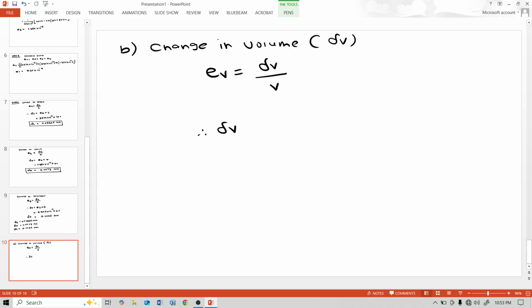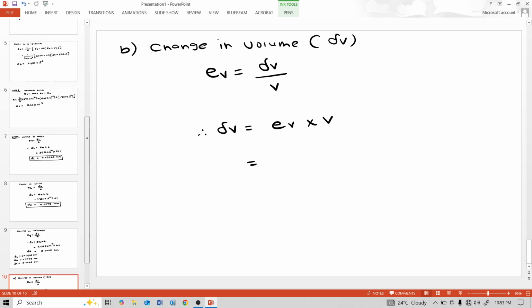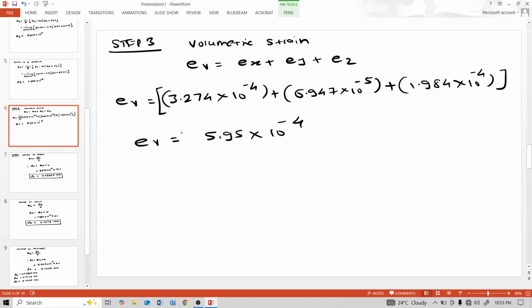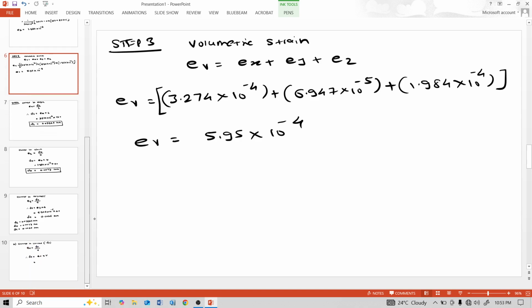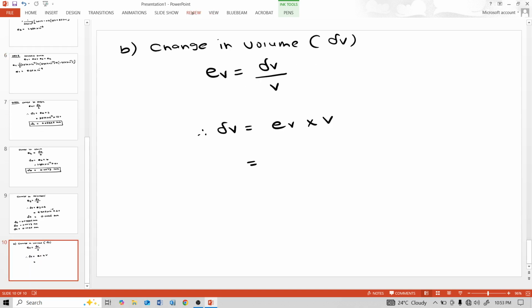Therefore, change in volume is equal to EV into original volume, and EV is 5.95 into 10 raised to minus 4.